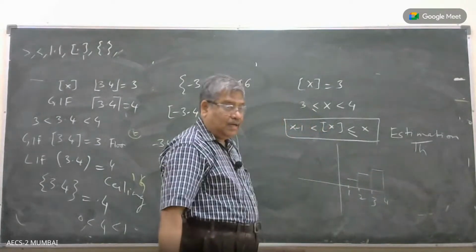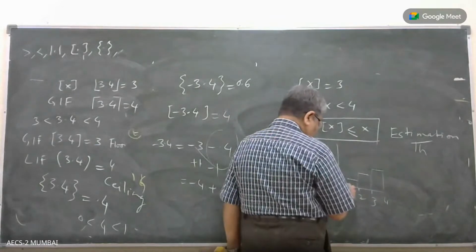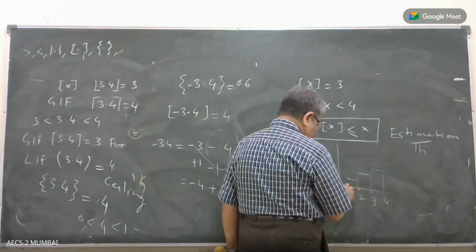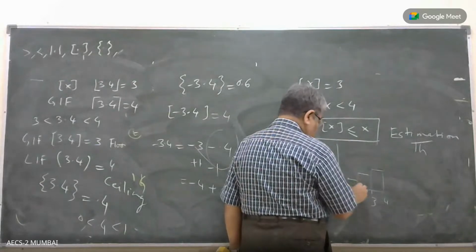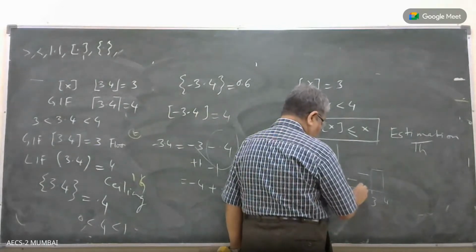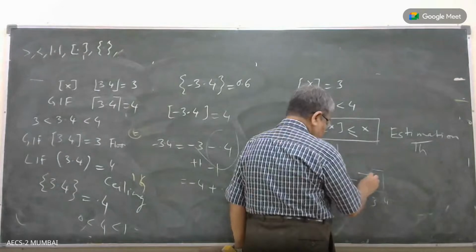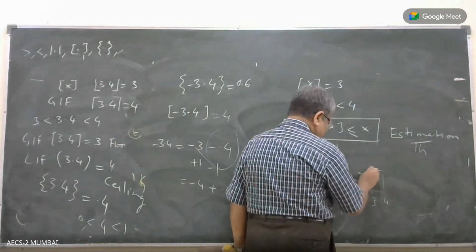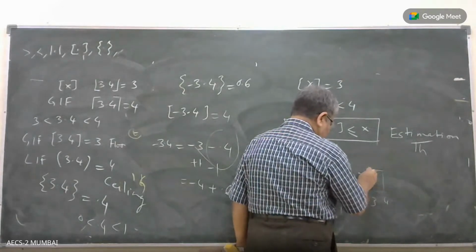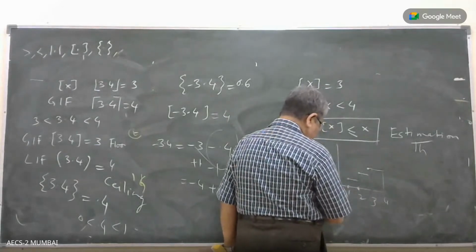So it has a dot here, and this is a hole, and then a hole here, and this is a dot. Like this. So basically it goes as a staircase function.